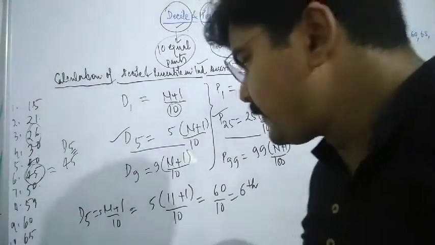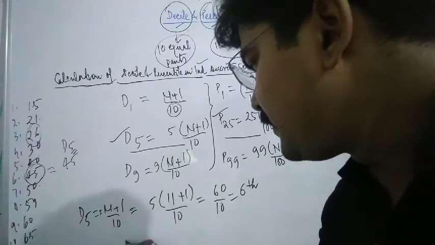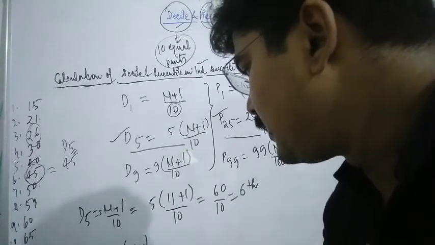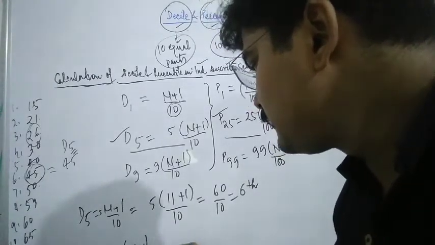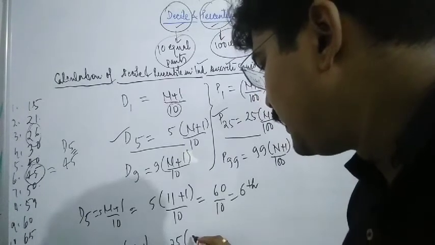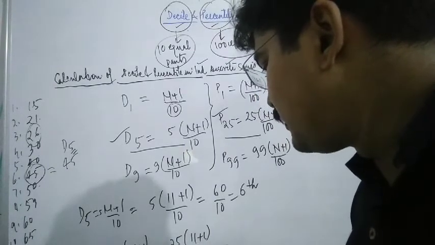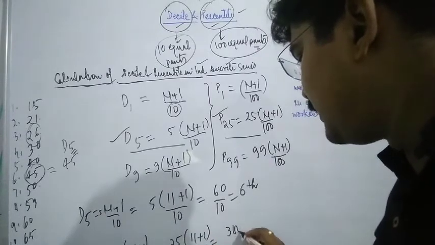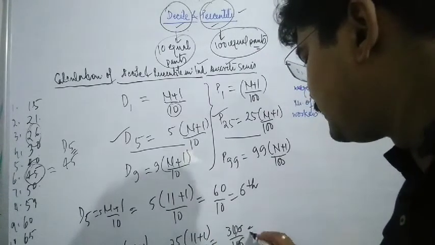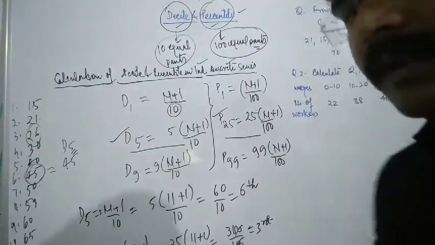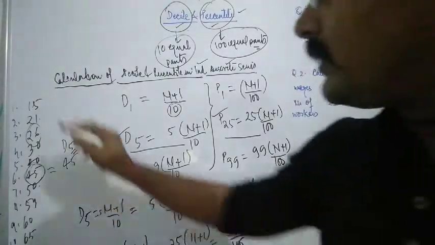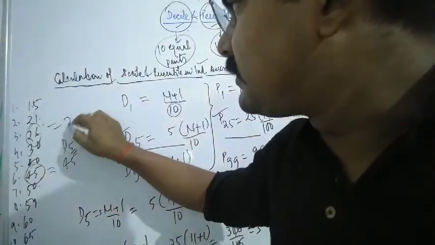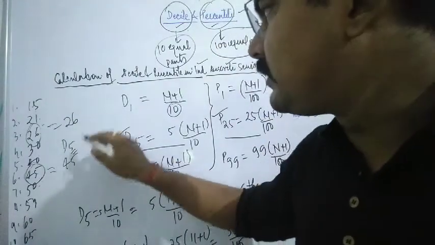P25 is equal to 25 multiplied by (n+1)/100, that is 25 into (11+1)/100. It means 12 into 25, 300 upon 100, that is 3. The third value is 26.